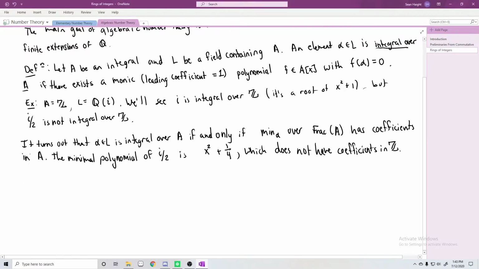The primary goal of the next couple sections is to give two different proofs of the following theorem.